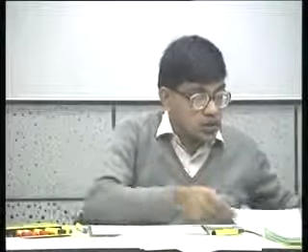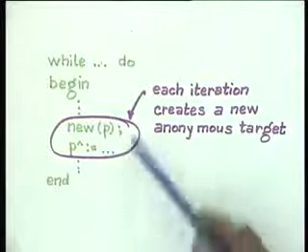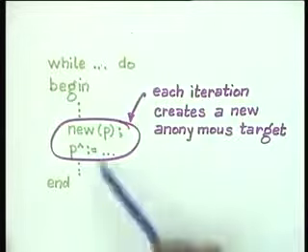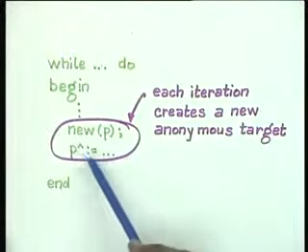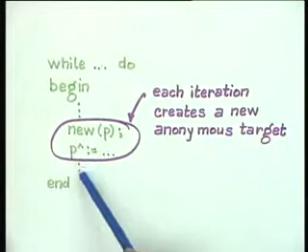Then you also have anonymous targets. So for example, if you had such a loop, every time you create a new P, you're creating a new anonymous target. Actually, you're creating a target which has some meaning. If you look upon this as a name, it has a meaning there.